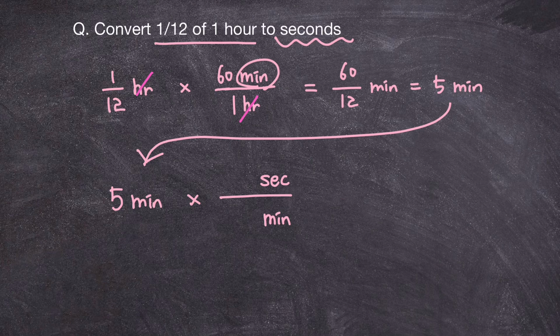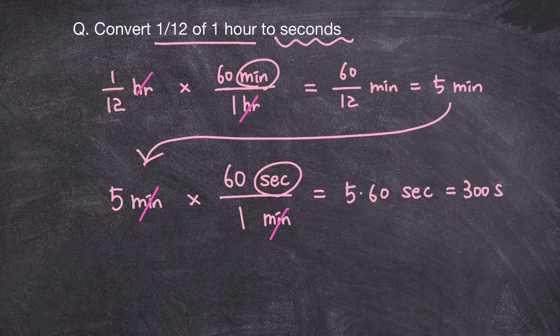I'm going to put 1 here in the denominator, and I need to come up with number of seconds that is equal to 1 minute. So how many seconds are in 1 minute? And the answer is easy. We have 60 seconds in 1 minute. That way, I can cross that unit of minutes out, and I'm left with 5 times 60, and do not forget the unit of seconds, and that's equal to 300 seconds.